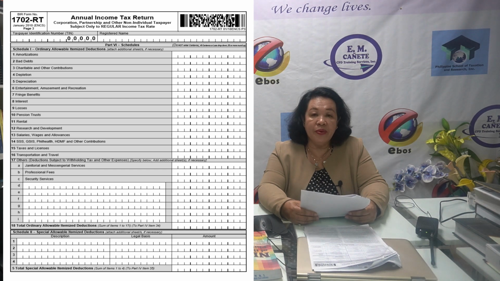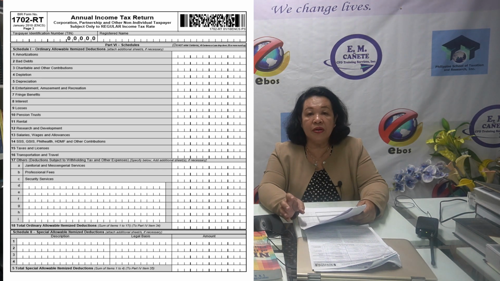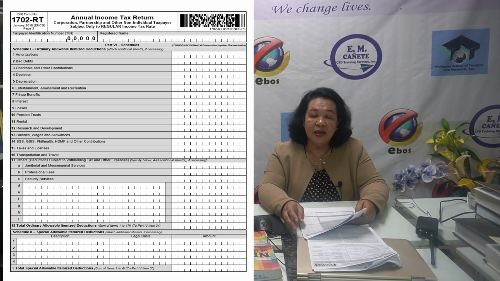And then number 11, we have rental. Rental is for the use of the facilities. So rental is subject to 5% withholding tax. Who is going to pay the 5% withholding tax on rental? It's always the lessee, not the lessor.